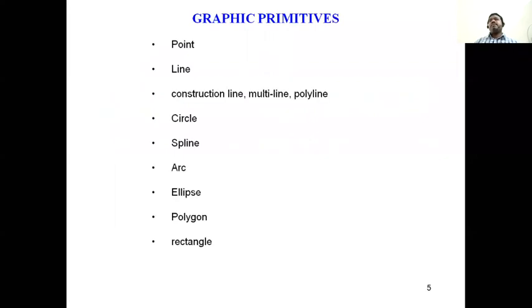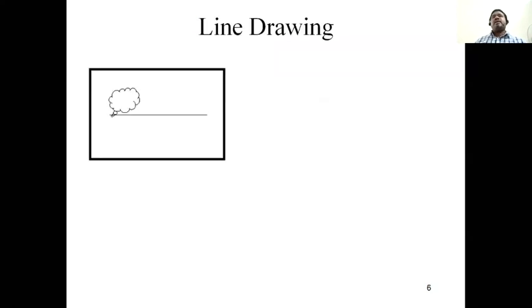Graphical primitives: in engineering graphics you have studied n number of primitives, point, line, plane, and 3D objects also, all coming under graphic primitives. In this session, we are going to discuss only the creation of a line, so the line drawing algorithm.